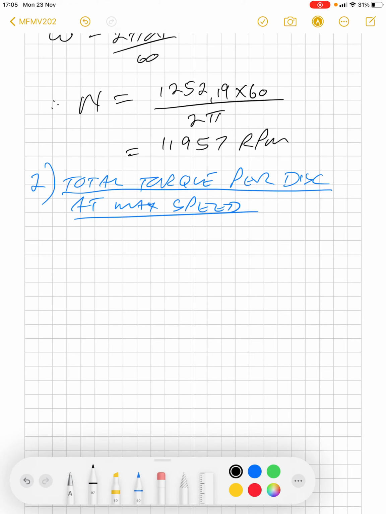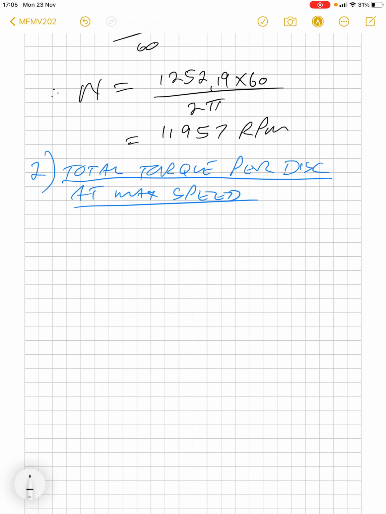So our total torque equals torque on radially plus the torque on the sides.